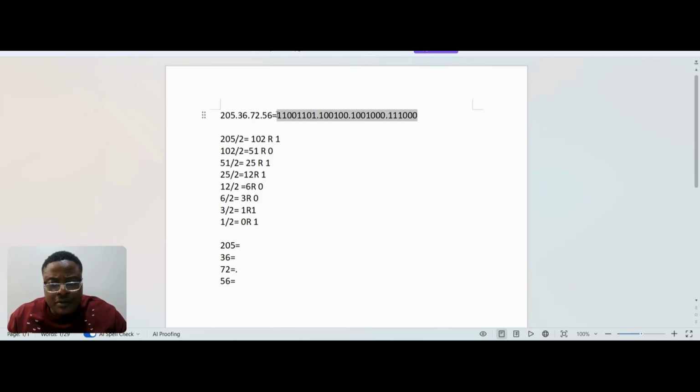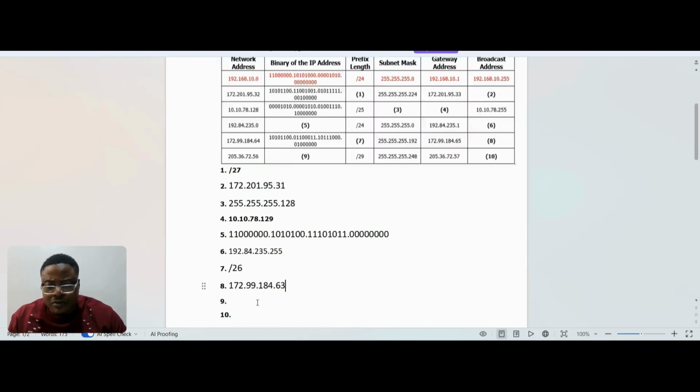That is the binary number, so the answer to number 9 is this.